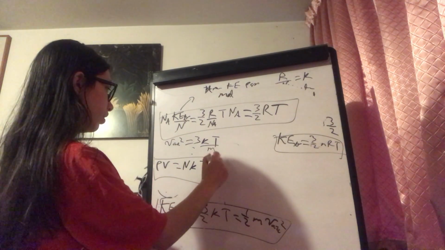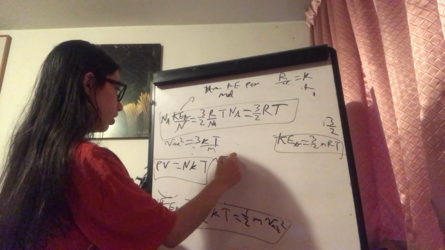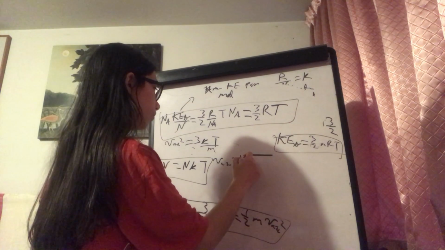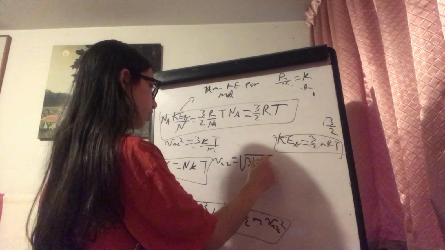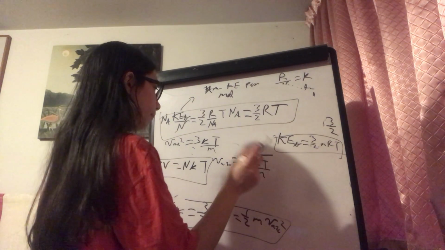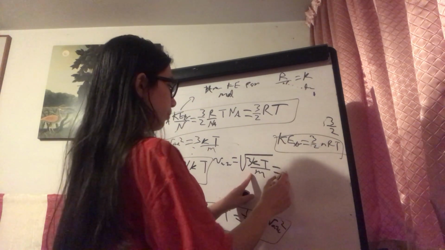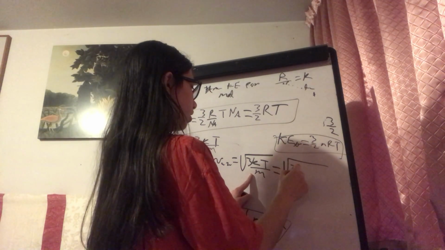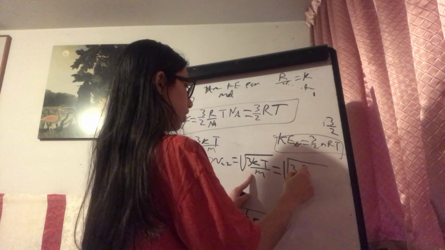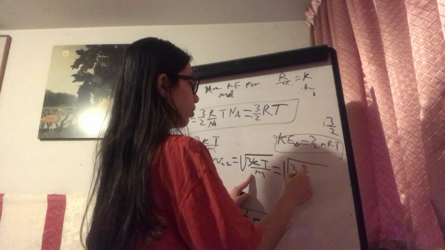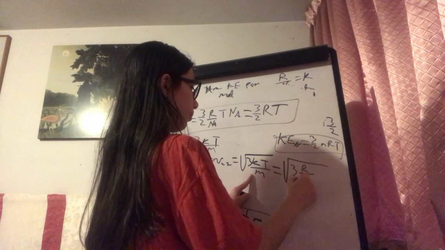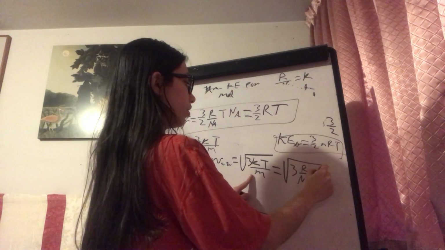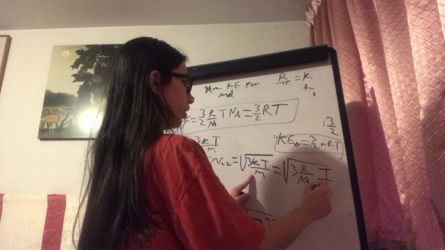So we have that the average velocity is the square root of 3 times the Boltzmann constant times temperature divided by mass. But remember that the Boltzmann constant is the universal gas constant divided by Avogadro's number. So this times temperature divided by the mass.